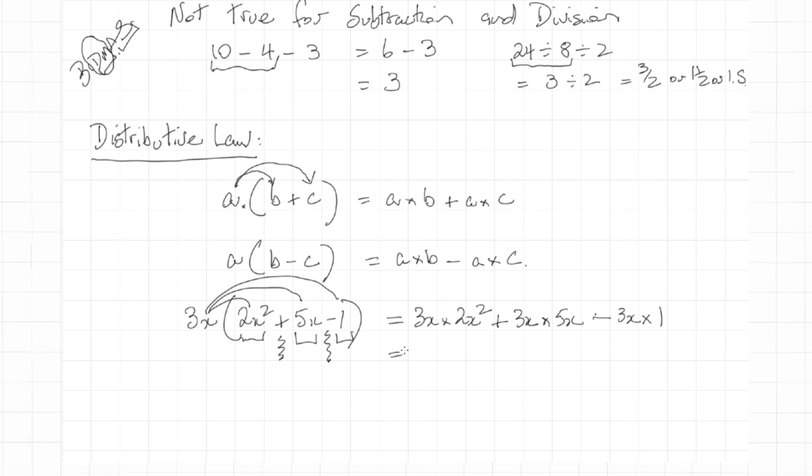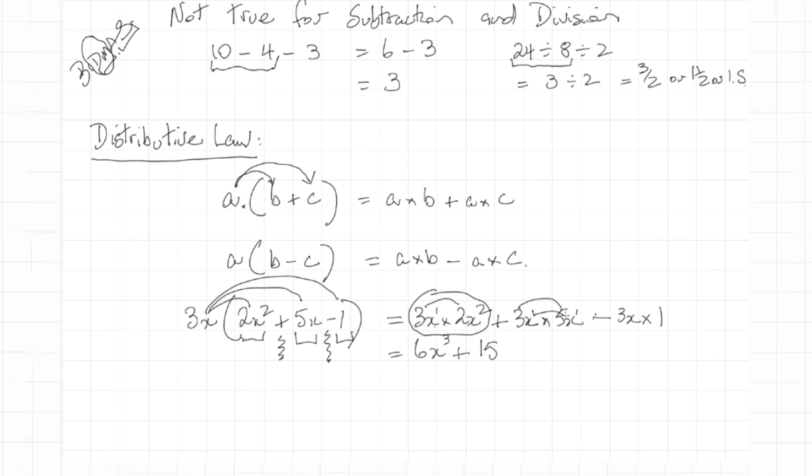We can simplify that. We multiply the 2 coefficients together, and we get 3 2s are 6. x to the 1 times x to the 2 is x to the power of 3. So that's this first term, plus coefficients first, 15, and x times x, x to the 1, x to the 1.